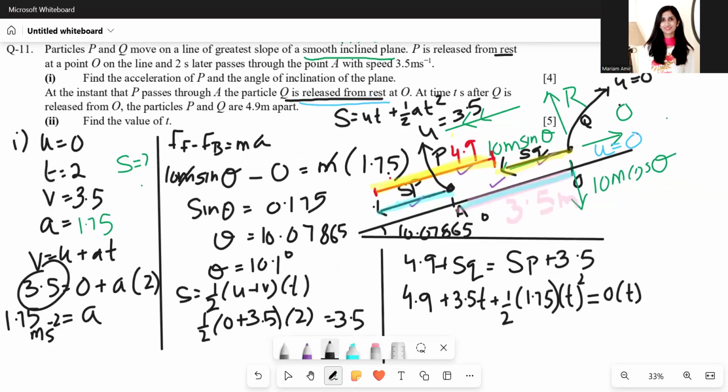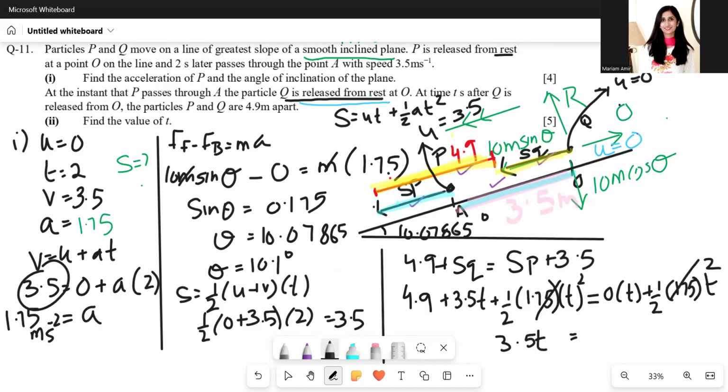So 0 times t plus half, its acceleration is going to be the same because it has the same forward and backward force, 1.75 t squared. Now the t squared terms cancel out. And we get 3.5t.